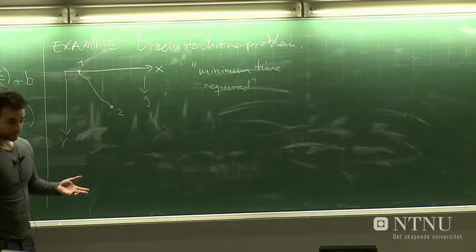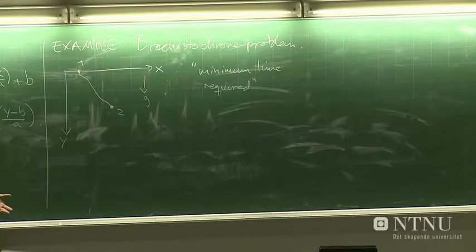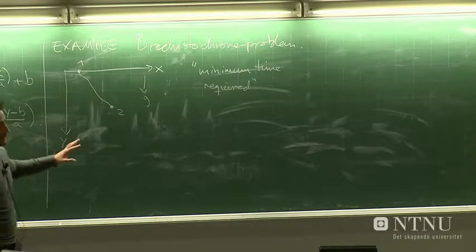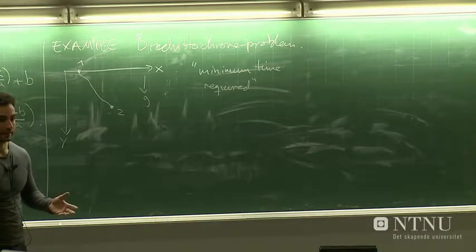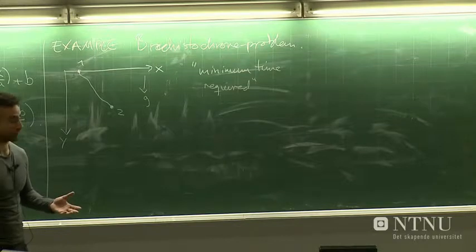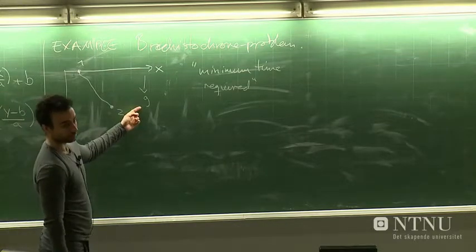Now, perhaps your gut feeling would be to say, okay, this is a straight line. Well, that would be the shortest distance, but it's not necessarily the shortest path which gives the minimum time that the particle requires to travel between them. This is due to gravity here.